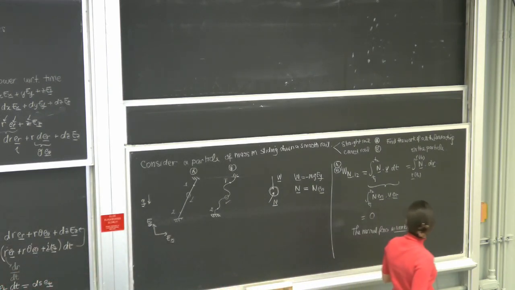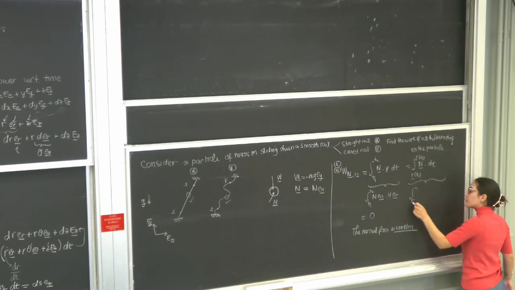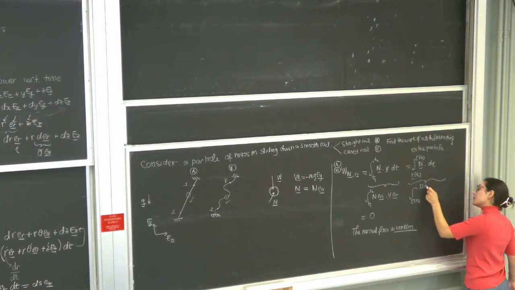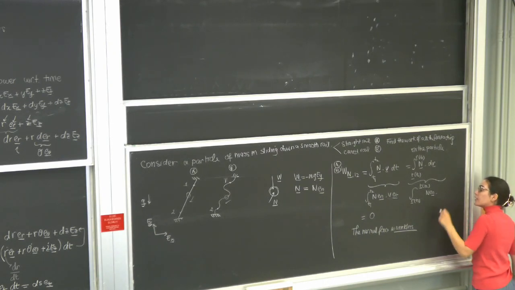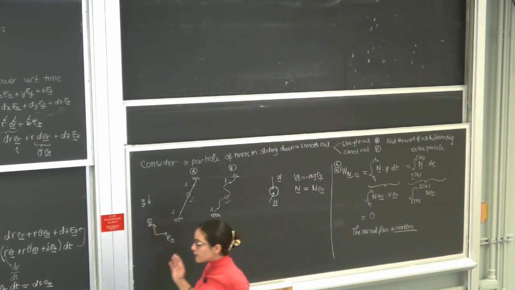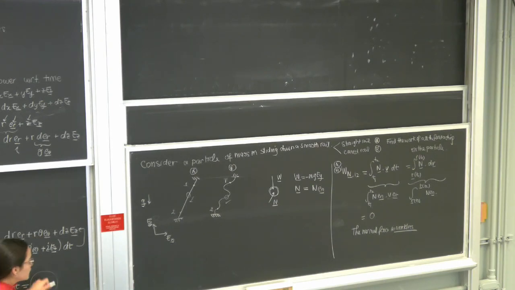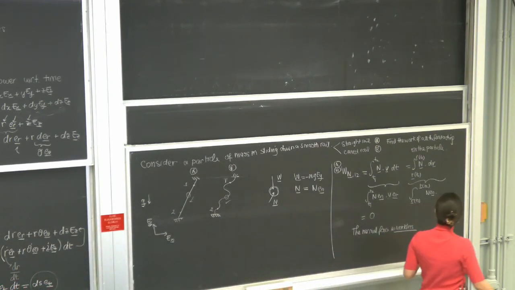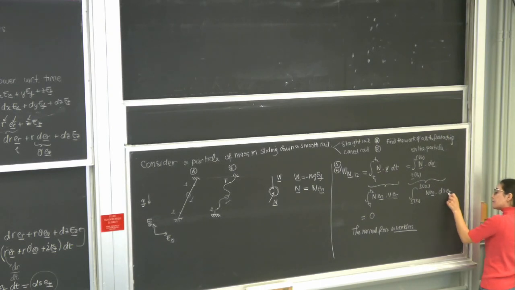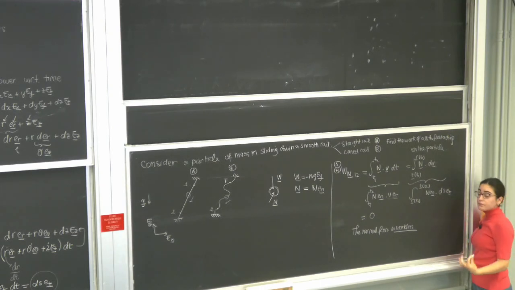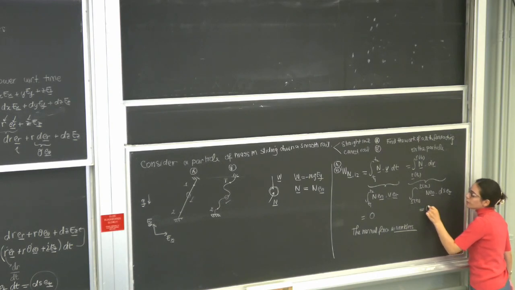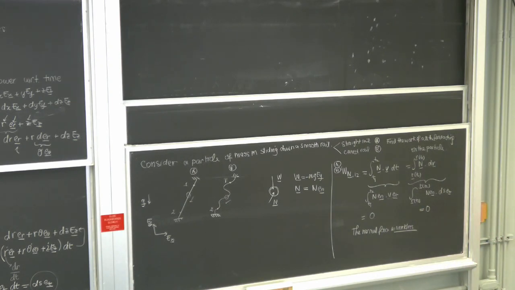If I look at this integral, the integral from r of t1 to r of t2, N is N en. The displacement expressed in the Serret-Frenet basis is ds et. And again, en dot et is 0. They're perpendicular. So that's also equal to 0. So the normal force is workless. And that works for rail A and for rail B. Does that make sense? Any questions?